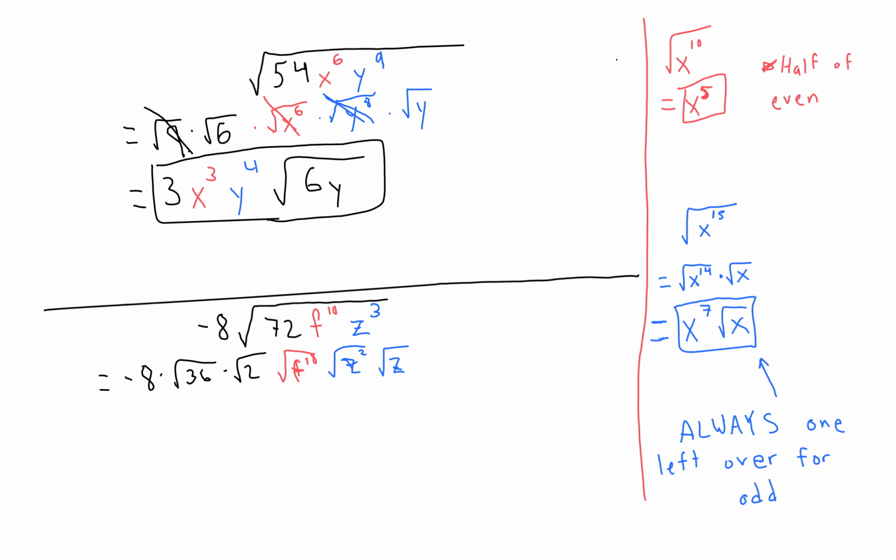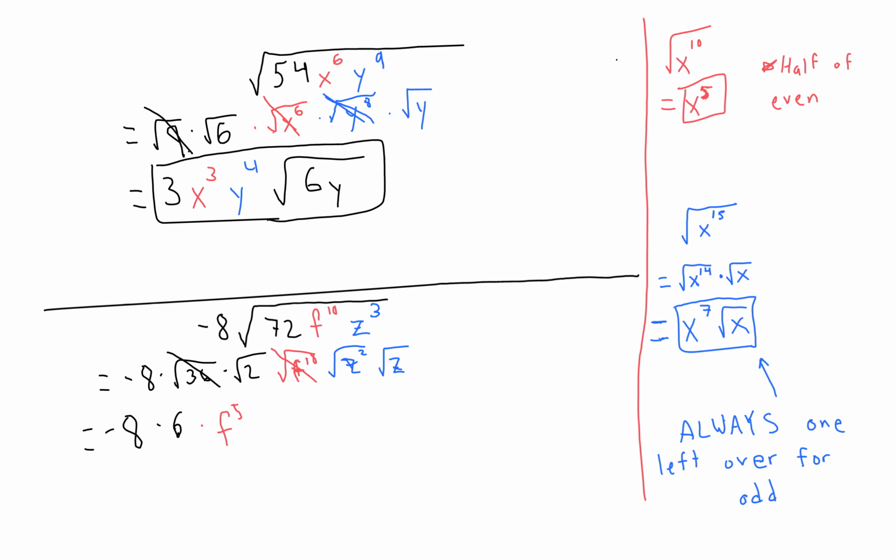Now, let's go through and see what we can take the square root of. I have that negative 8 still there. The square root of 36 is 6. The square root of f to the 10th power is f to the 5th power.